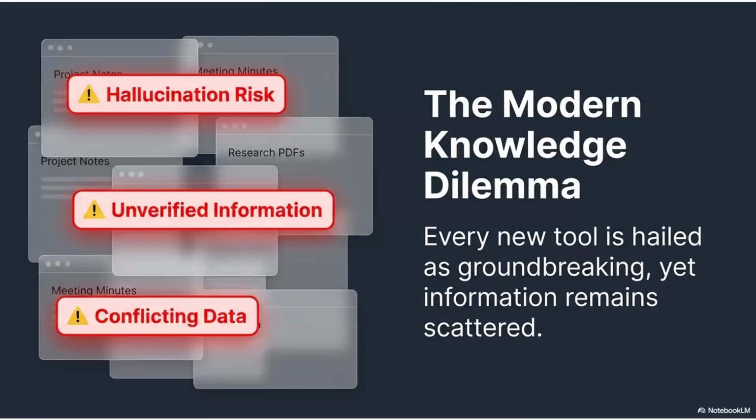documents. So here in NotebookLM, the three red things that you're seeing on my slide are the hallucination risk, the unverified information, and the conflicting data. When we are working with different AI tools, especially, suppose most of us work with ChatGPT and so on, the very specific problem that we encounter is the hallucination risk. Right.